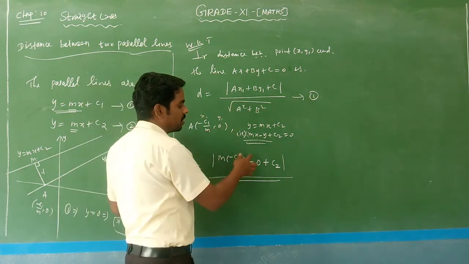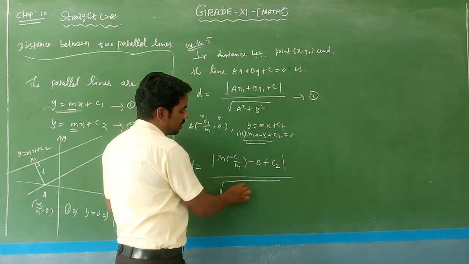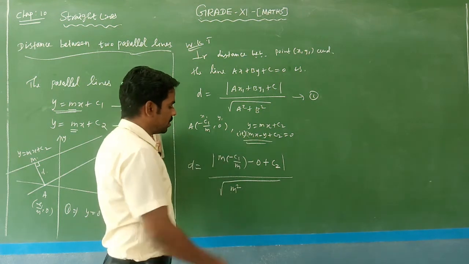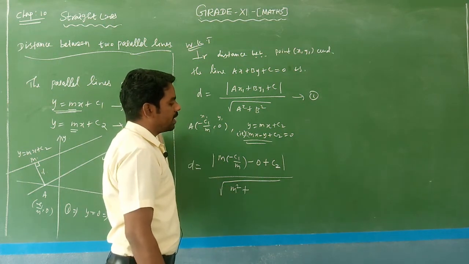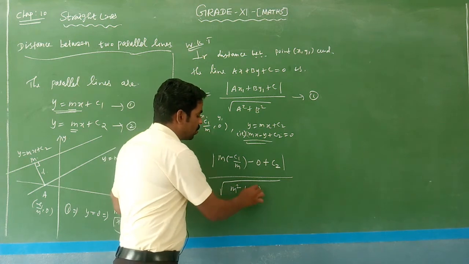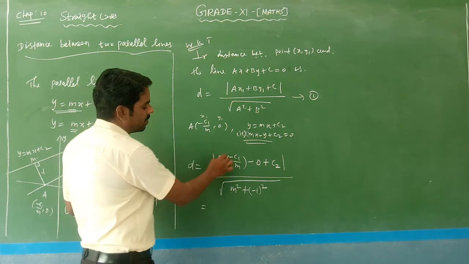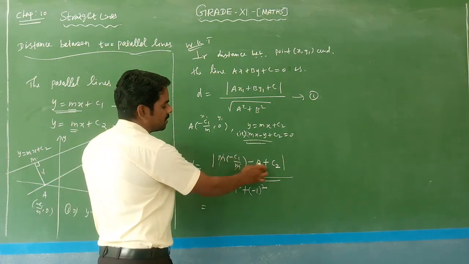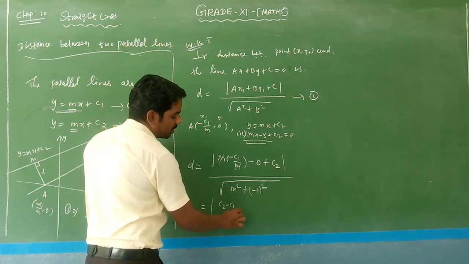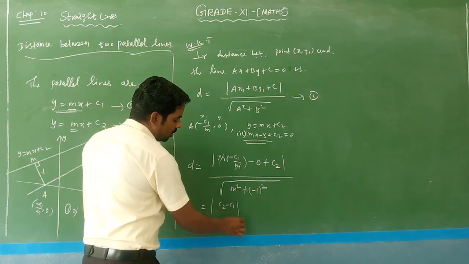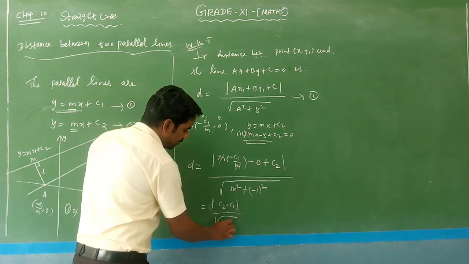Divided by root of a square plus b square, where the coefficient of x is m, so m square, plus the coefficient of y, minus 1, the whole square. The m cancels, and we get modulus of minus c1 plus c2, that is modulus of c2 minus c1, divided by root of 1 plus m squared.